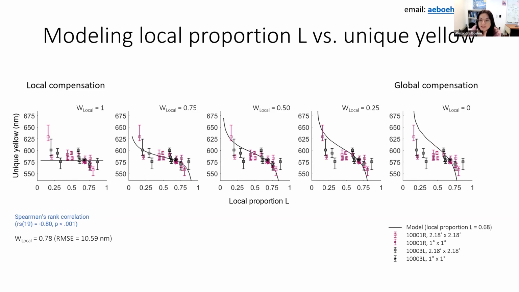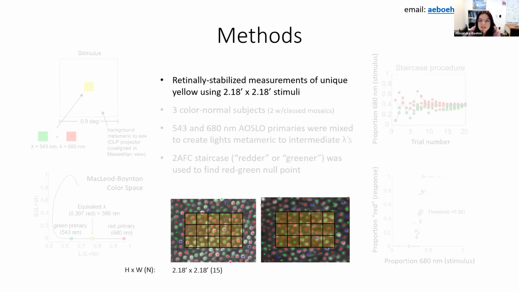So this led to our next question, which is whether or not we can predict unique yellow for slightly larger stimulus sizes. So in this next set of experiments, the methods were the same as I showed previously, except a range of stimulus sizes were used, and stimuli were organized in this same grid pattern so as to sample the same cones as in the previous experiment.